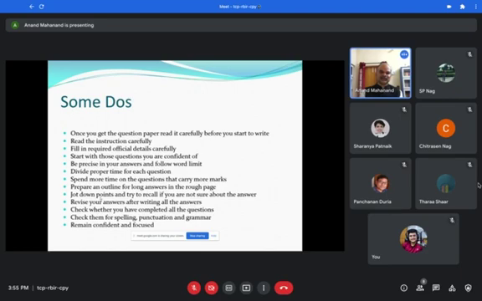Prepare an outline for long answers in the rough page. Okay. If it is a long answer type question, prepare an outline. Make a rough page at the back of the answer script. Back of your answer script, you write rough.